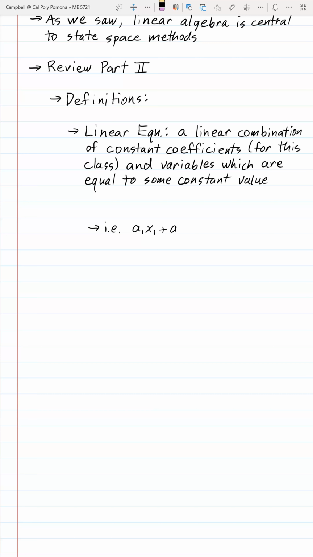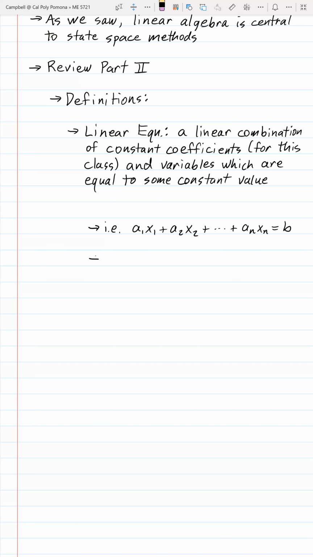We'll have our second coefficient multiplying our second variable, both with subscript 2. And then we'll go on off to our last coefficient, AN, times our nth variable. And that is equal to a constant value B, whether B be a non-zero quantity or zero quantity isn't too important right now.